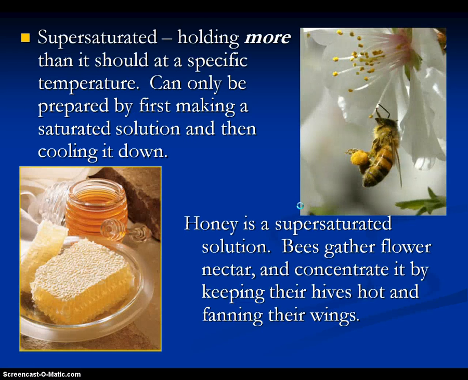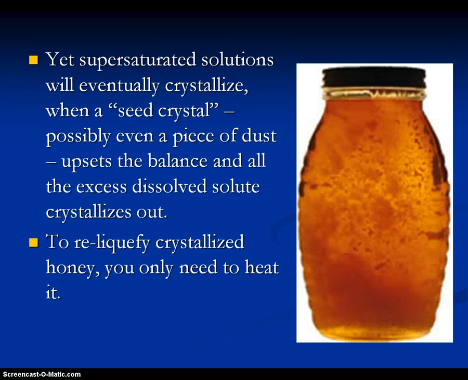So this is what happens when honey is made. Pollen is taken back to the beehive, and the bees create a really hot temperature by flapping their wings, and inside the hive it's very warm. And so they melt the pollen, and as we remove the honey from the hive, we allow it to slowly cool, and honey is an example of a supersaturated solution.